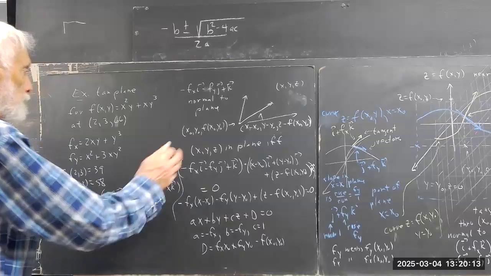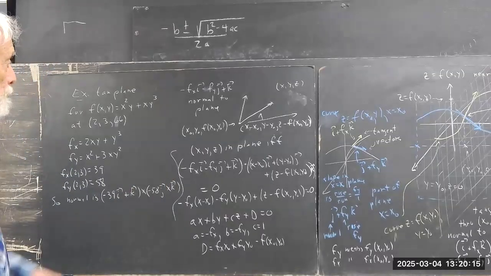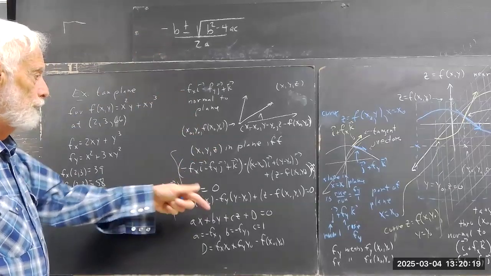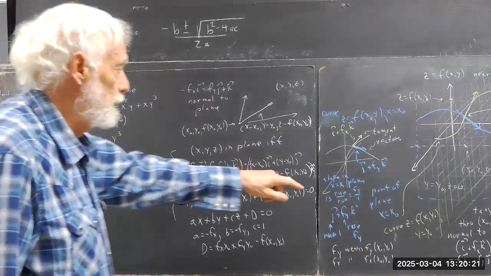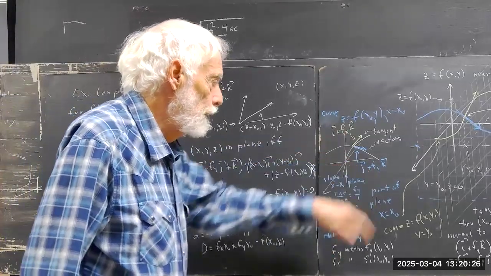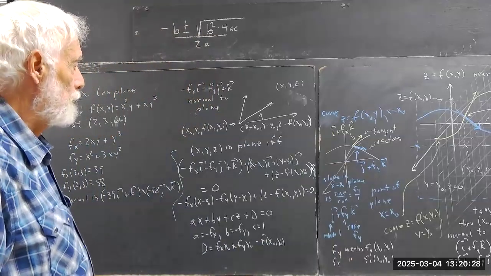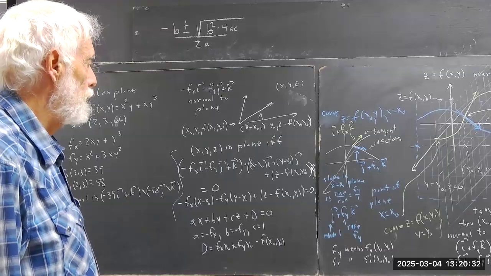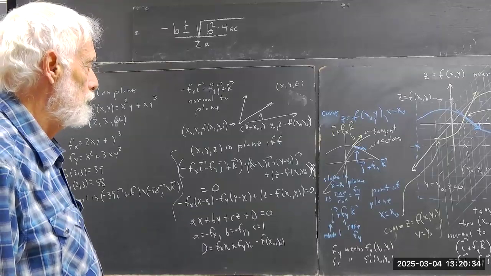So the normal, if I've done this right, would be the cross product of the two vectors that we obtained here, i plus fx k and j plus fy k, and that cross product is going to be, I think I did it wrong.